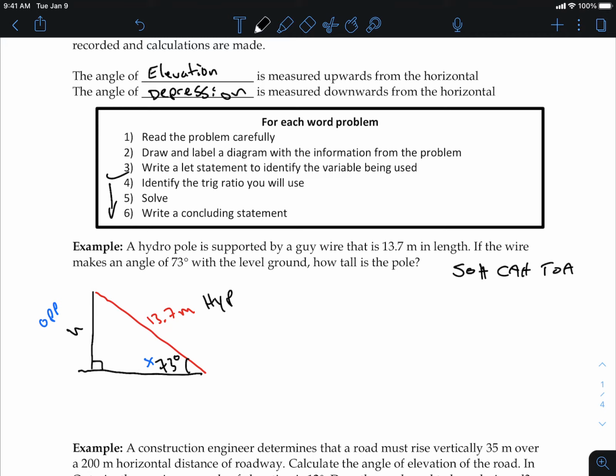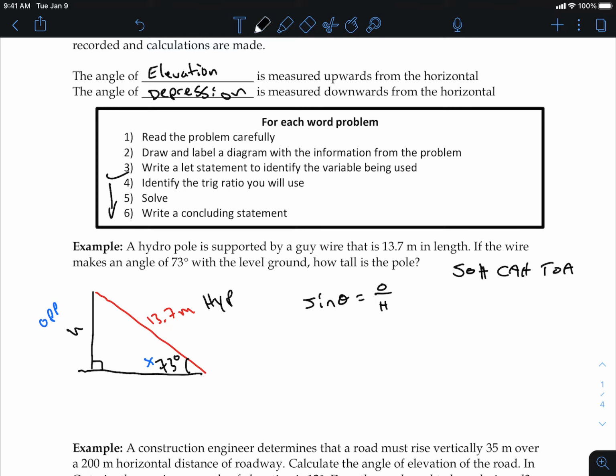So I see opposite and hypotenuse. That looks like O and H, so I'm going to select sine. The sine of theta should be equal to O over H. Then I'm going to make the appropriate substitutions for my picture. O is the thing I want, which represents the height of the pole.